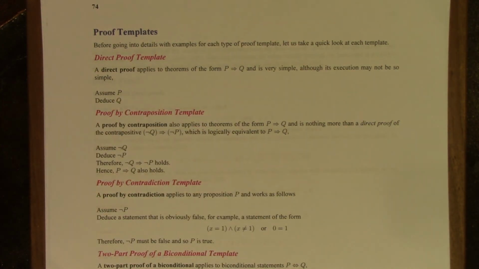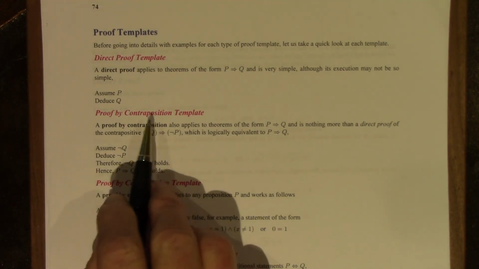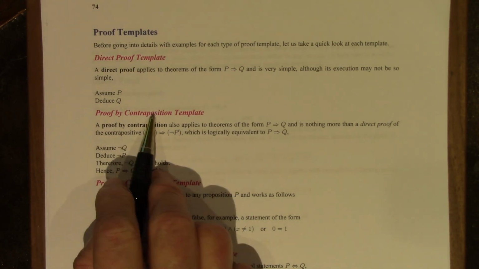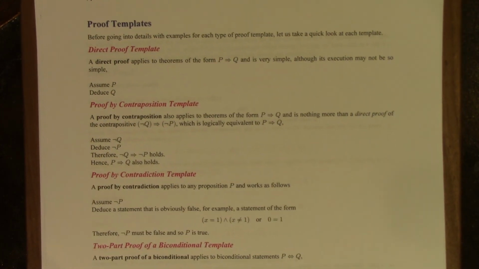Direct proof, you don't need to say, we will prove the result using the direct proof. That is pretty obvious when it happens. But it's very important to tip off the reader or the grader that you're using proof by contraposition.